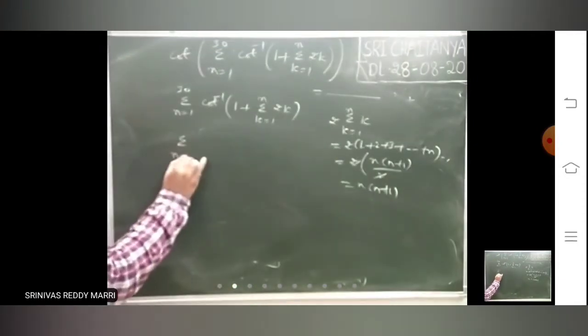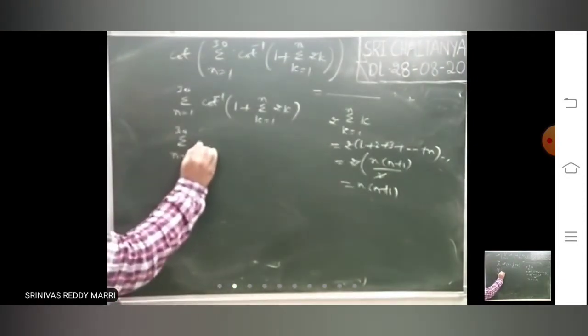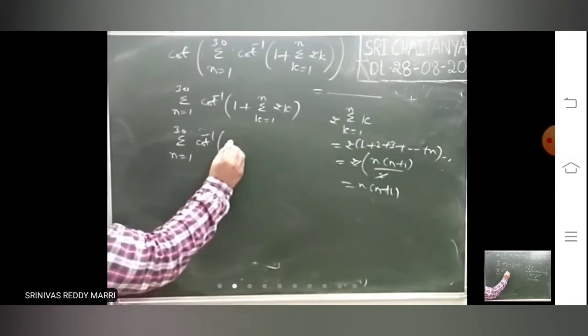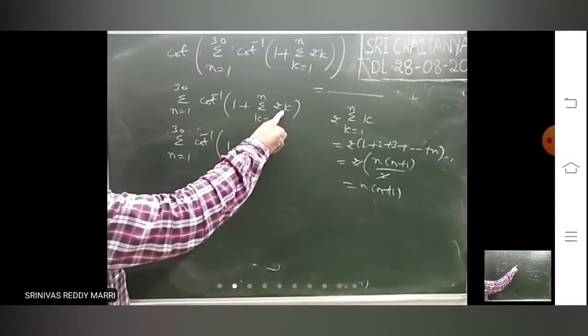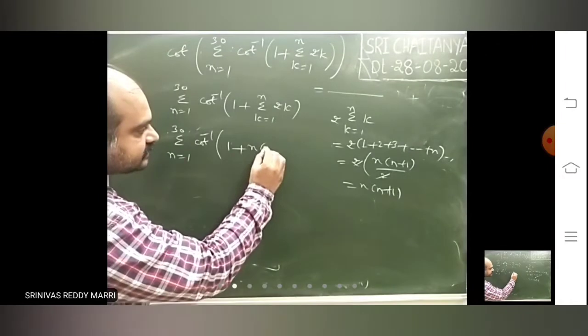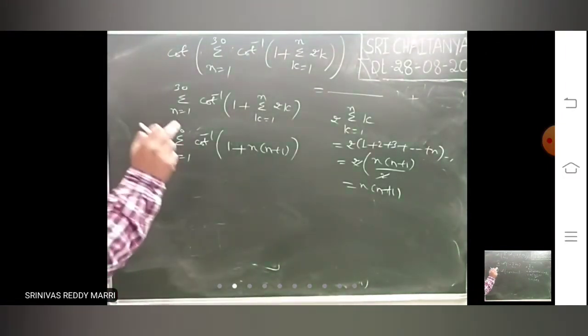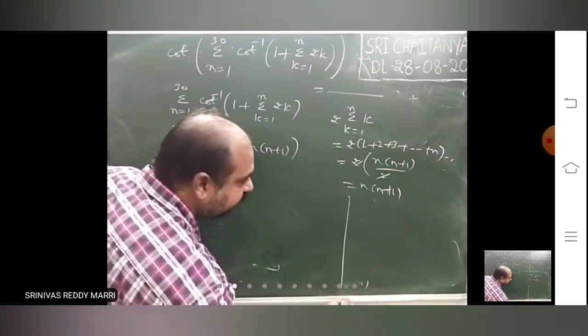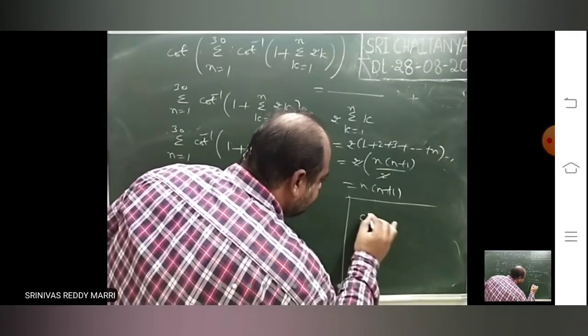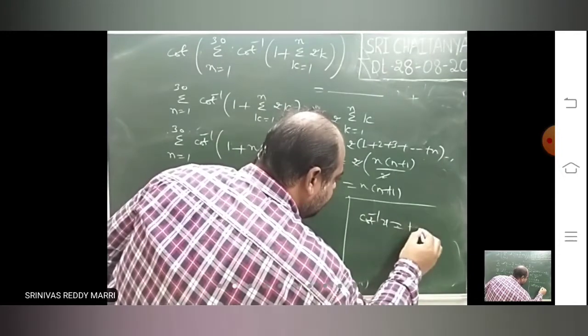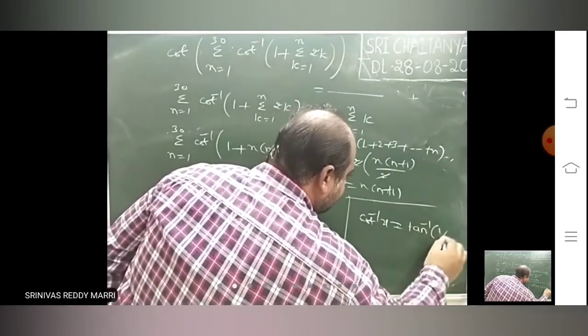Now sigma, substitute n equal to 1 to 30, cot inverse of 1 plus n into n plus 1. Whenever cot inverse is inside a sigma, you always convert it into tan inverse.